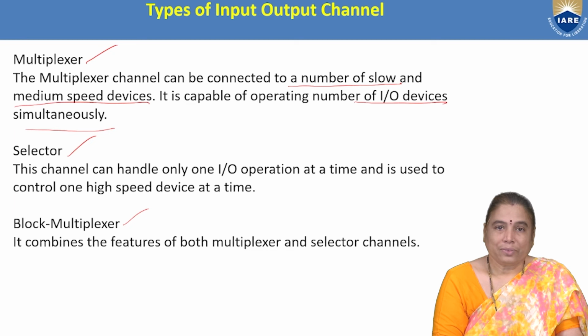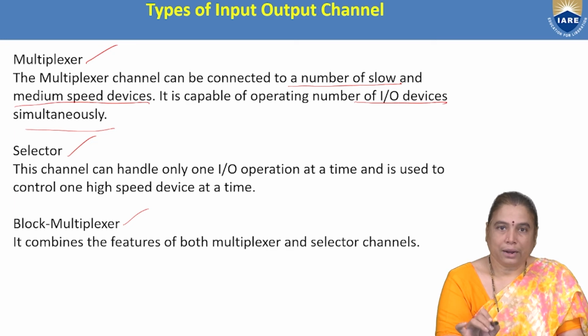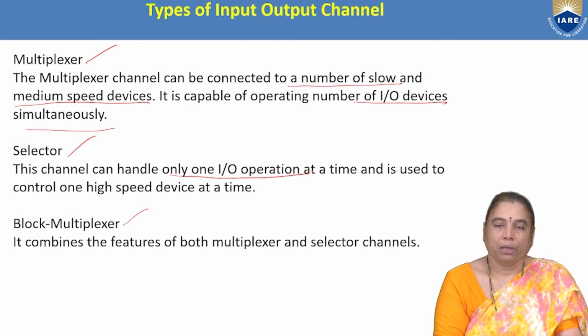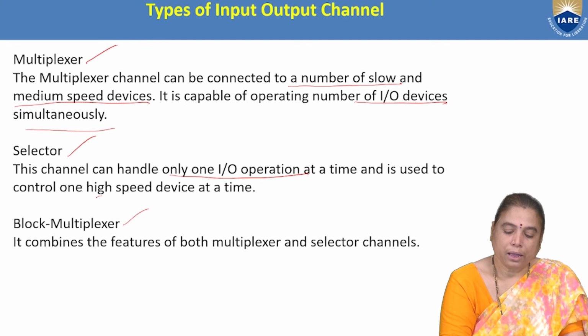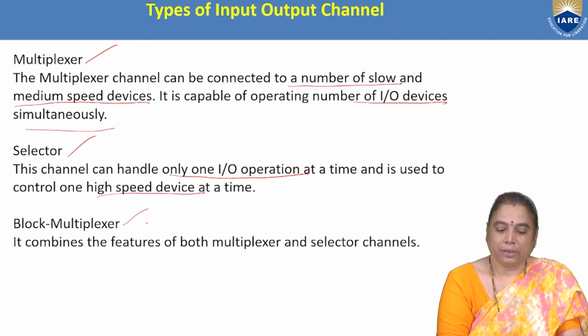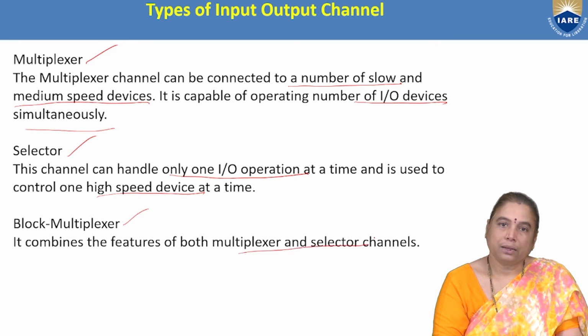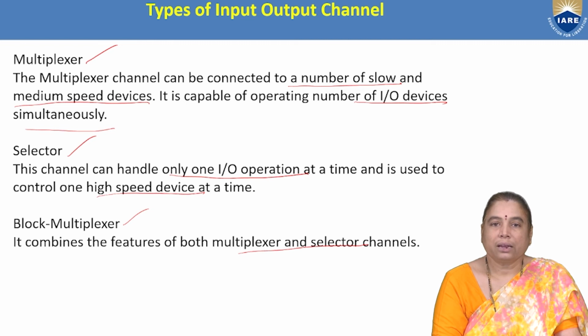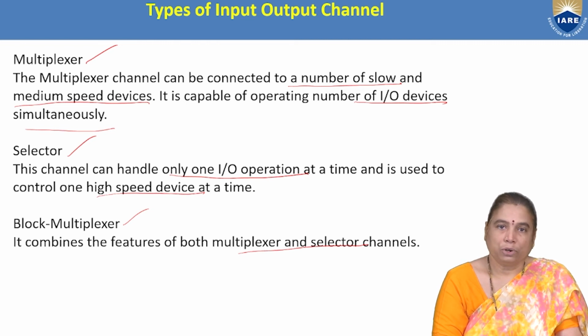The selector is a channel that can handle only one particular I/O operation at a time, but the devices connected with the selector are high-speed devices. The block multiplexer combines the features of both multiplexer and selector channel. So these are the three categories of the input-output channel.